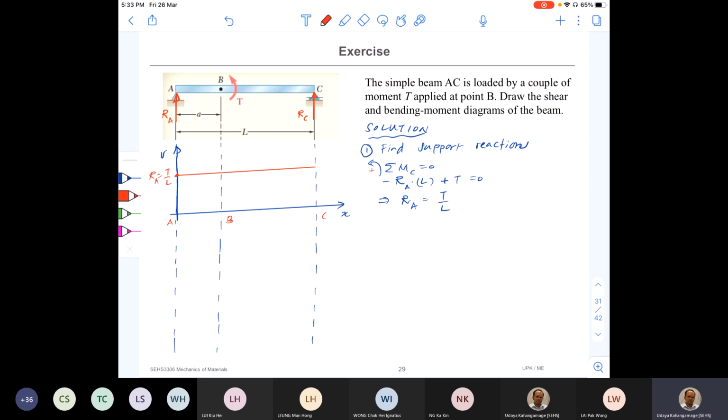Now, by looking at this shear force diagram, you should be able to construct the bending moment diagram. So let me draw the bending moment variation.